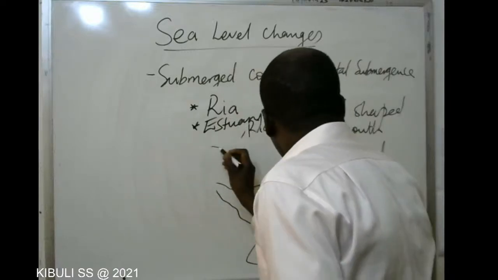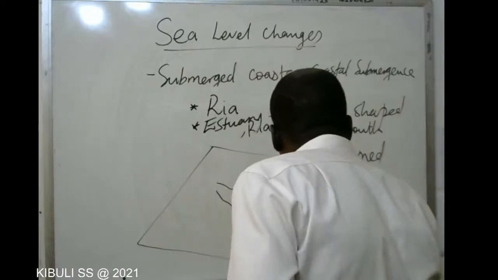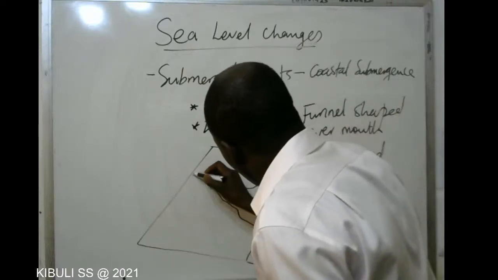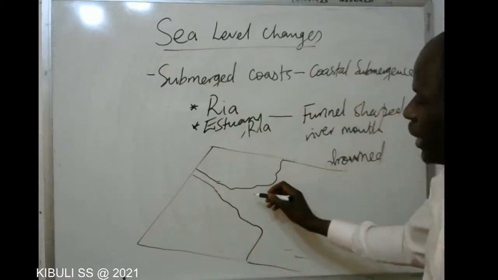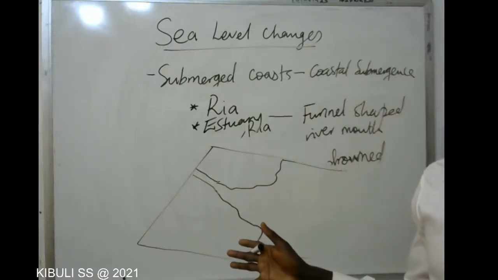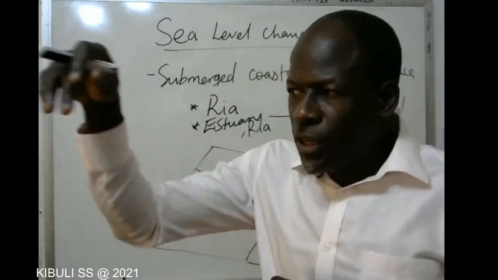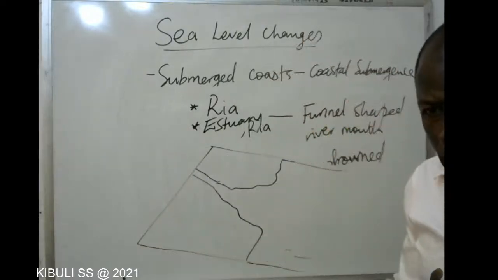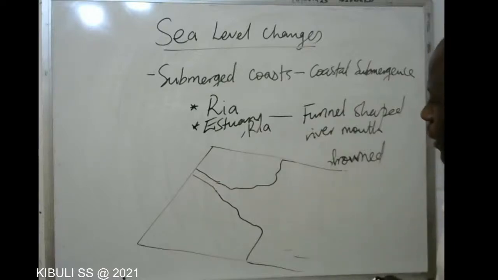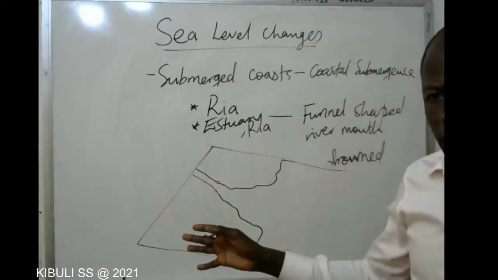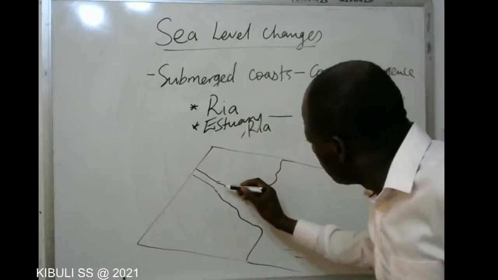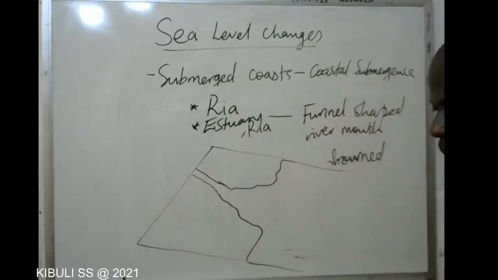So if this was our river, the river mouth is wide, because when the river is flowing into the sea or the lake, the last bit of it is flat. So when it gets there, the water spreads widely, and you have a wide river at the mouth.